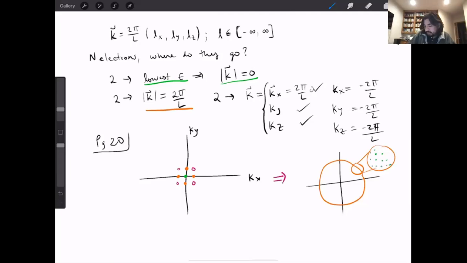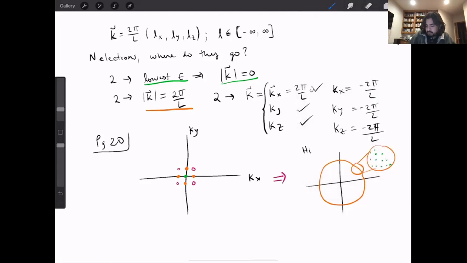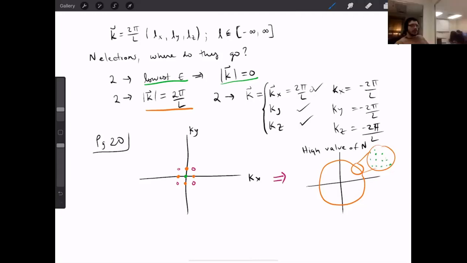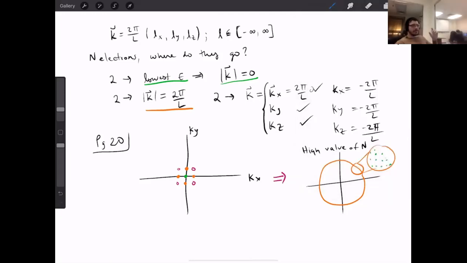But once you have a high number of electrons there. So the orange line will correspond. Yeah, I guess that you already marked the same K value modulus, like its size. Exactly, and all of those guys are occupied up to there.